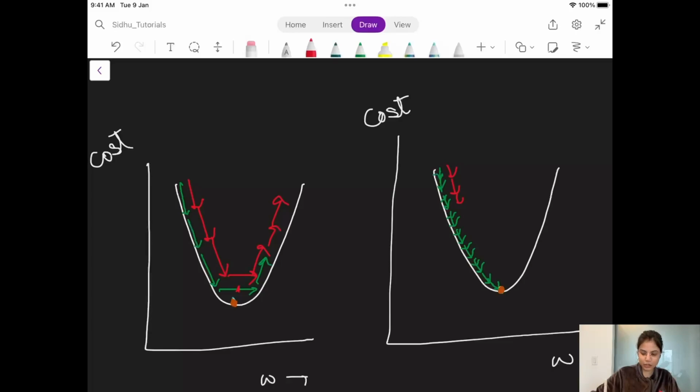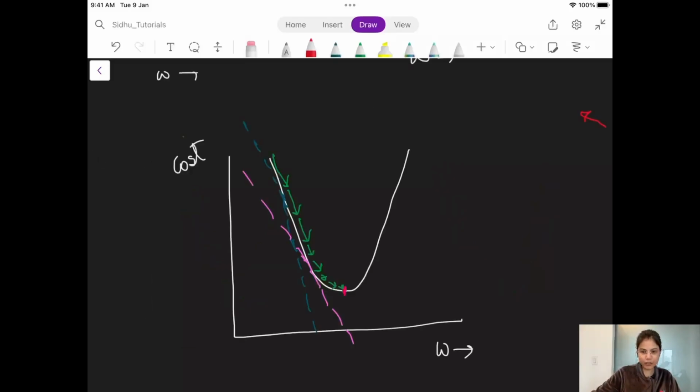Initially, if we take larger steps, that will help us reach the minimum point a little faster. And then when we are almost there, we start taking shorter steps to reach the minimum point. So this is where the learning rate helps us decide whether we should take larger steps or smaller steps.